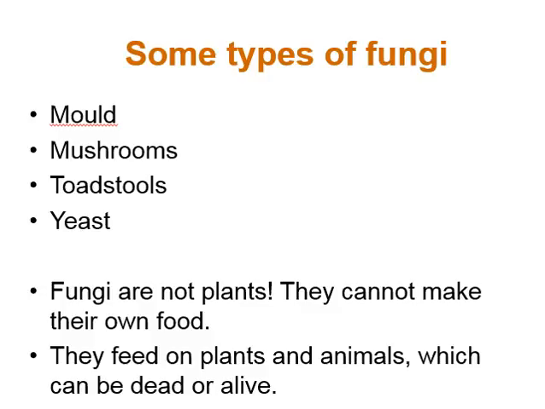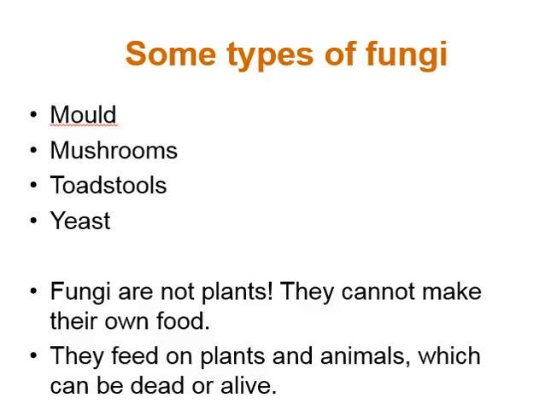So how do they feed? They feed on plants and animals, other living things, and these other living things are usually dead when the fungi obtain their food from them, or sometimes these living things can still be alive when the fungi actually feast on them.